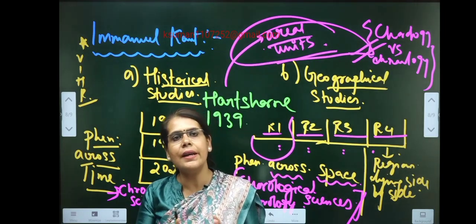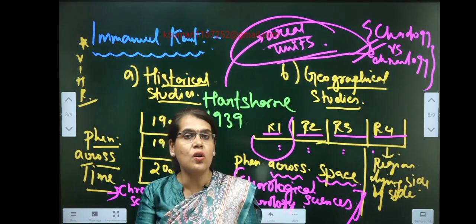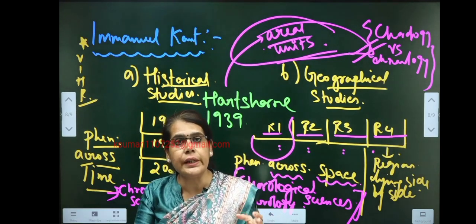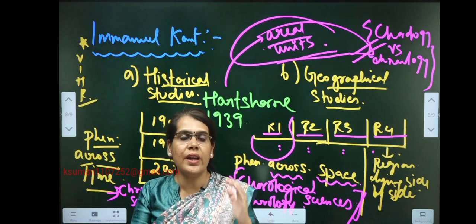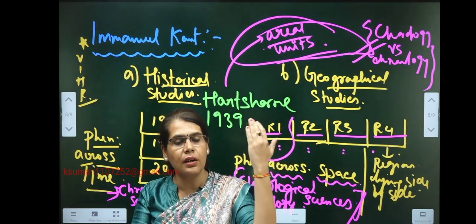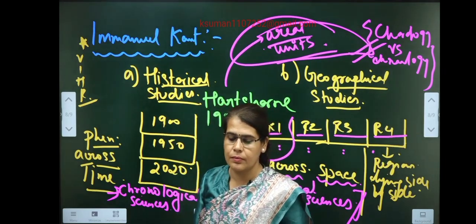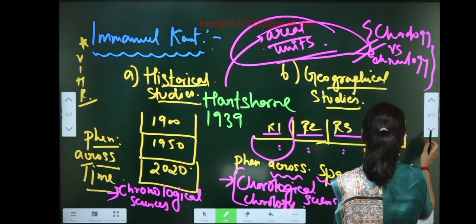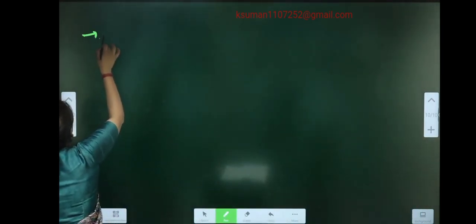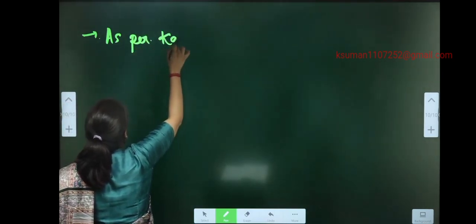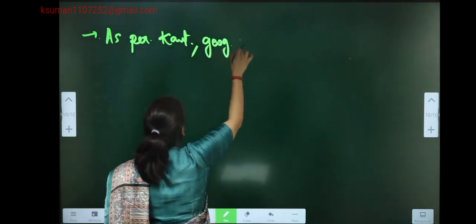Now this idea that geography is descriptive, geography is chorological in nature, was also later on taken up by other thinkers. So write down, as per Kant, geography is descriptive.